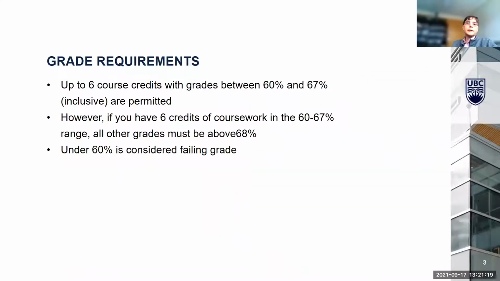Grade requirements: you can have up to 6 course credits, which is 2 courses, with a grade between 60 and 67. All other grades must be over 68%. And a course grade of under 60% is an automatic fail, which usually means you either retake the class or find another course to replace it with.